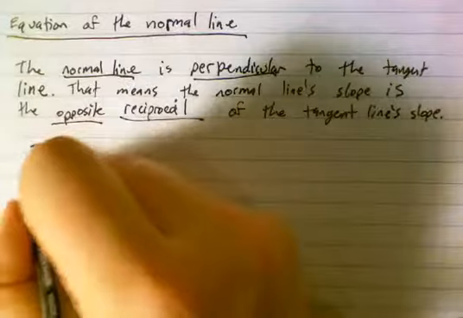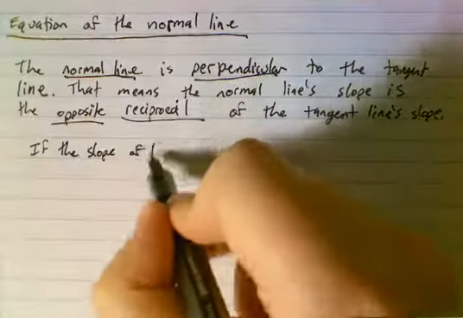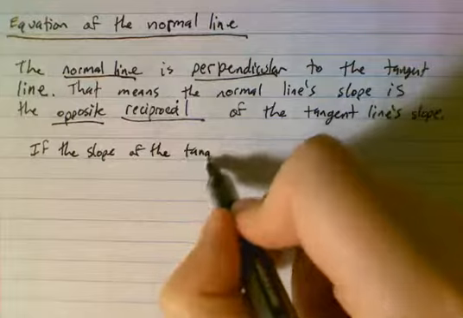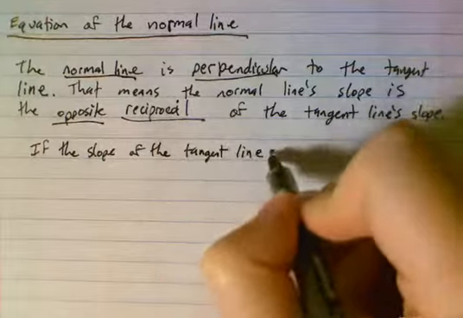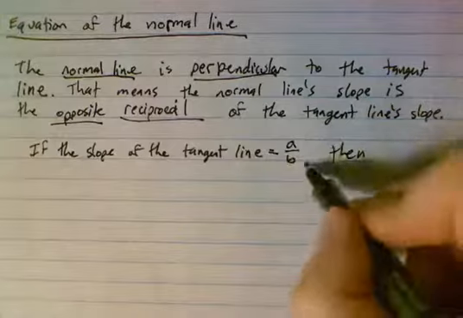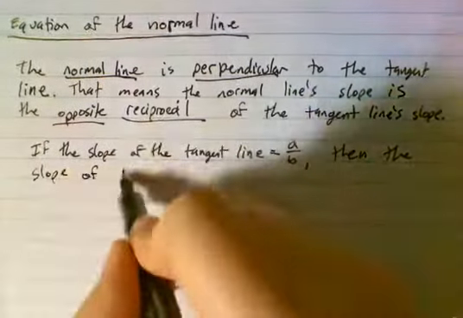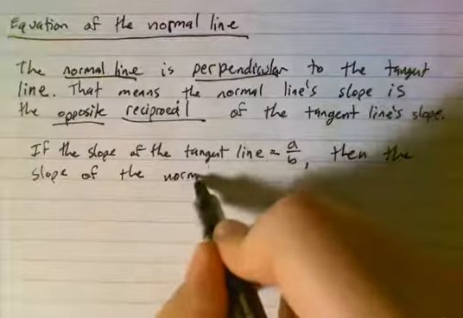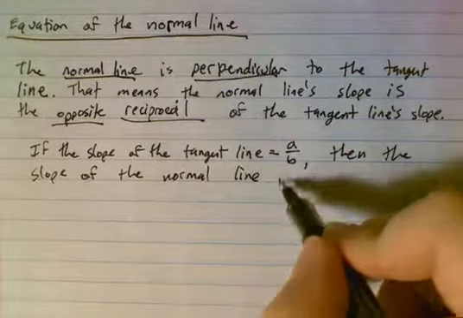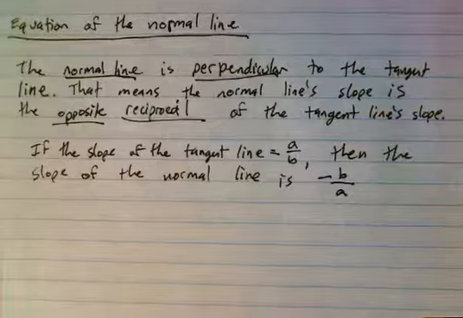So that means if the slope of the tangent line is a over b, then the slope of the normal line is negative b over a.